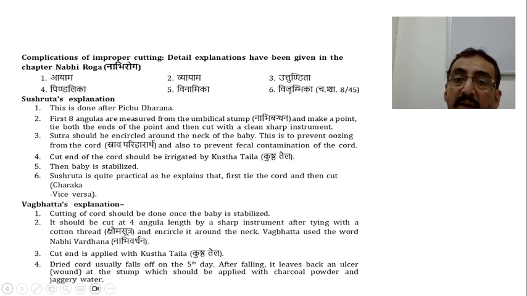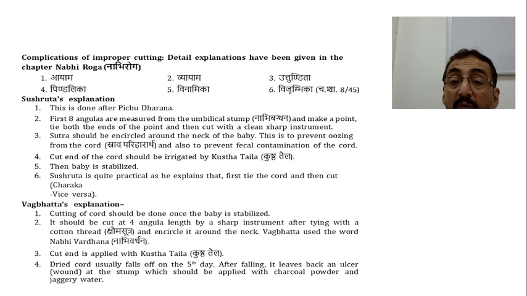Then you cut 4 angula length using a sharp instrument after tying with a cotton thread, and then you encircle it around the neck. Vagbhata used the word Nabhi Vardhana for Nabhi Nalakartana also. Then again he says the cut end should be applied with kushta tela.